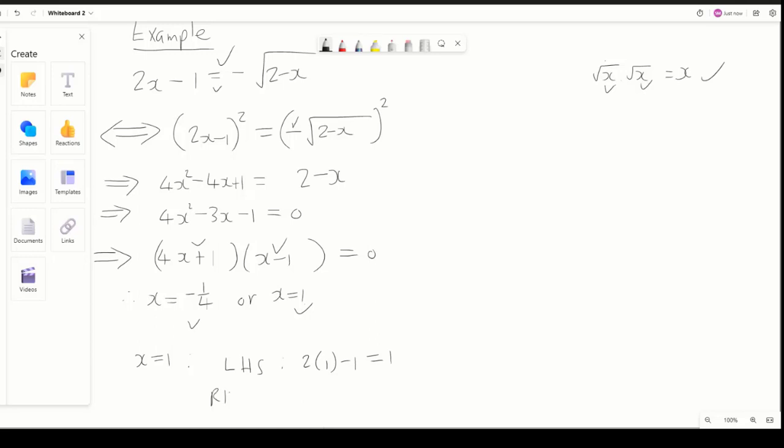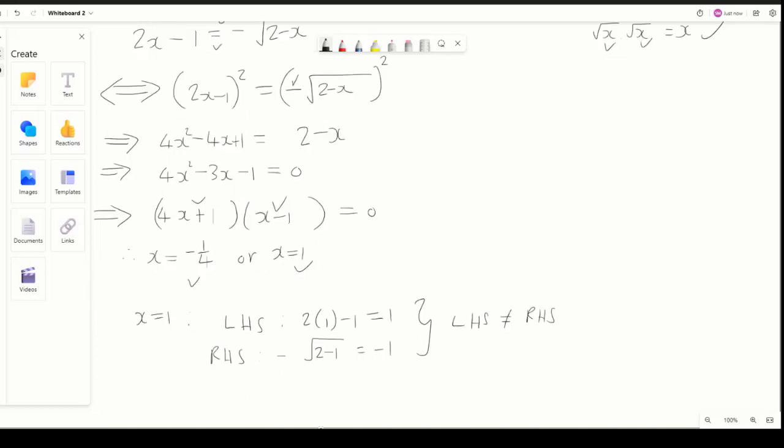And the right-hand side, we substitute, it's minus the square root of 2 minus 1, which is minus 1, which means that the left and right-hand sides are not the same. So for this case, x equal to 1, the left and right-hand sides are not the same. So x equal to 1 is not a solution.